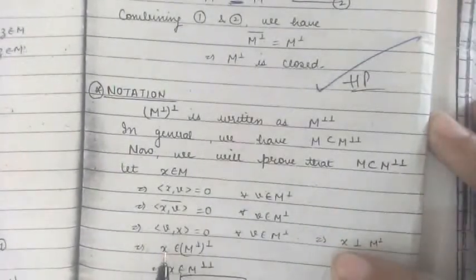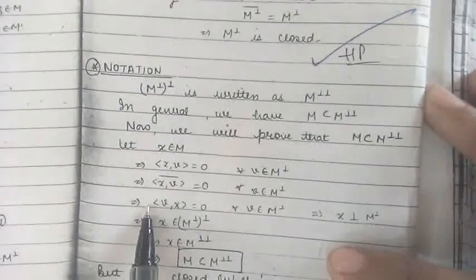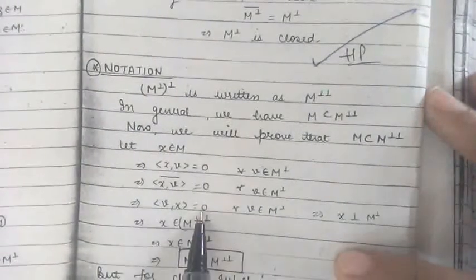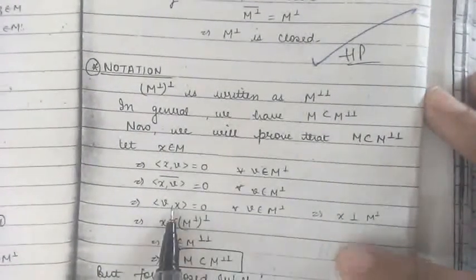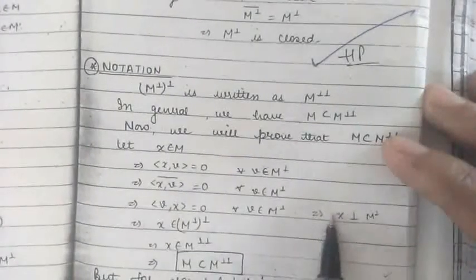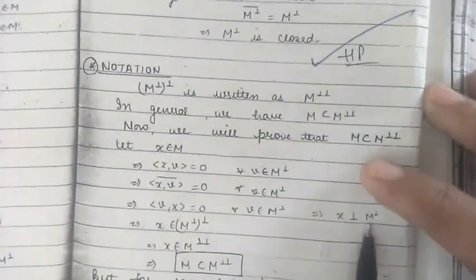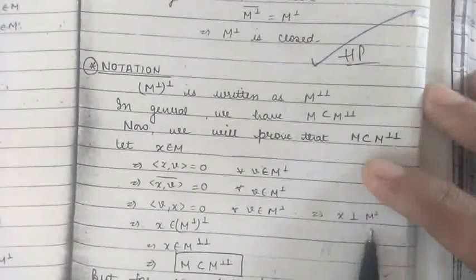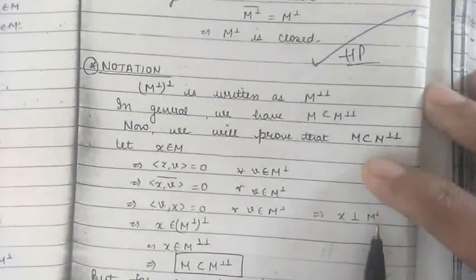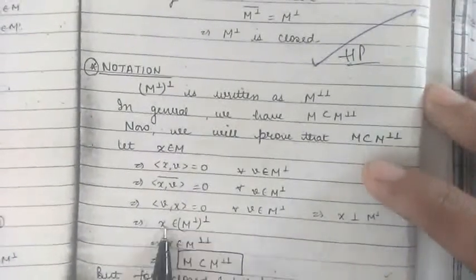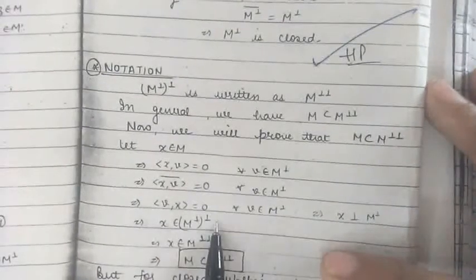And from here we can say that the inner product of V with X will also be 0. It means we can say that X is orthogonal to the annihilator of M. And by definition, if X is orthogonal to the annihilator of M, X will belong to M double complement.